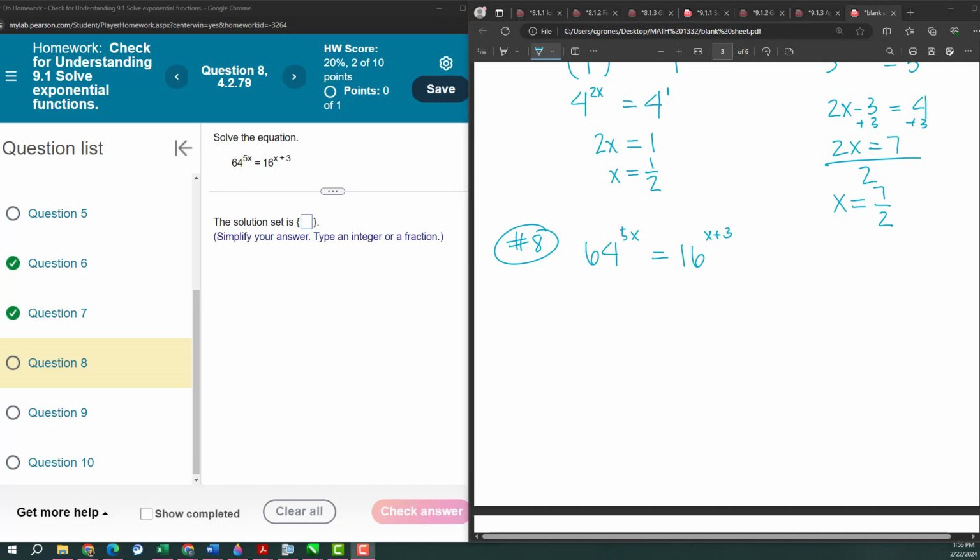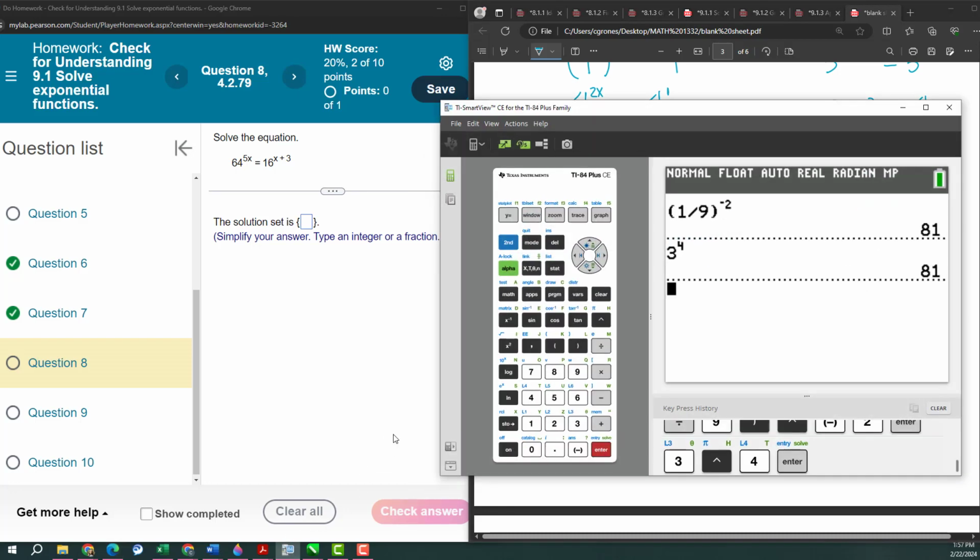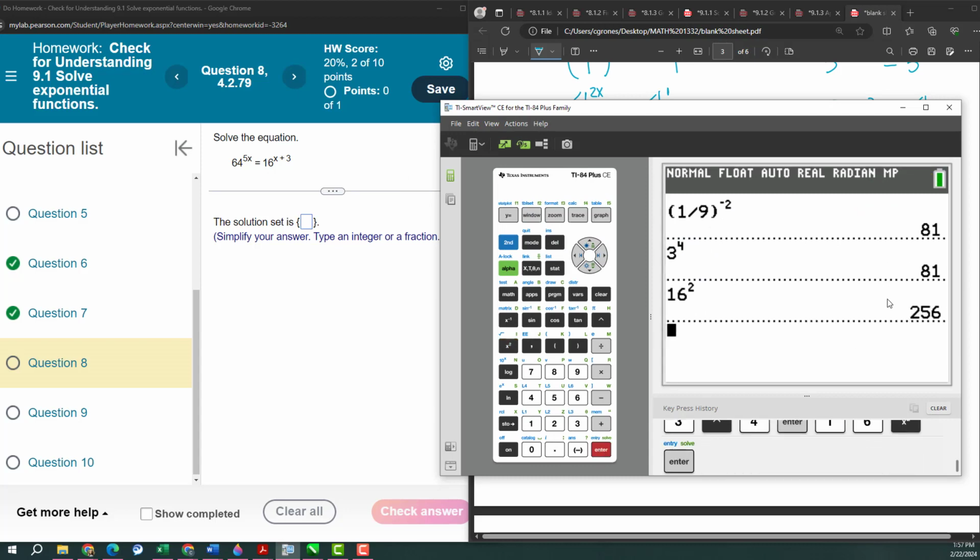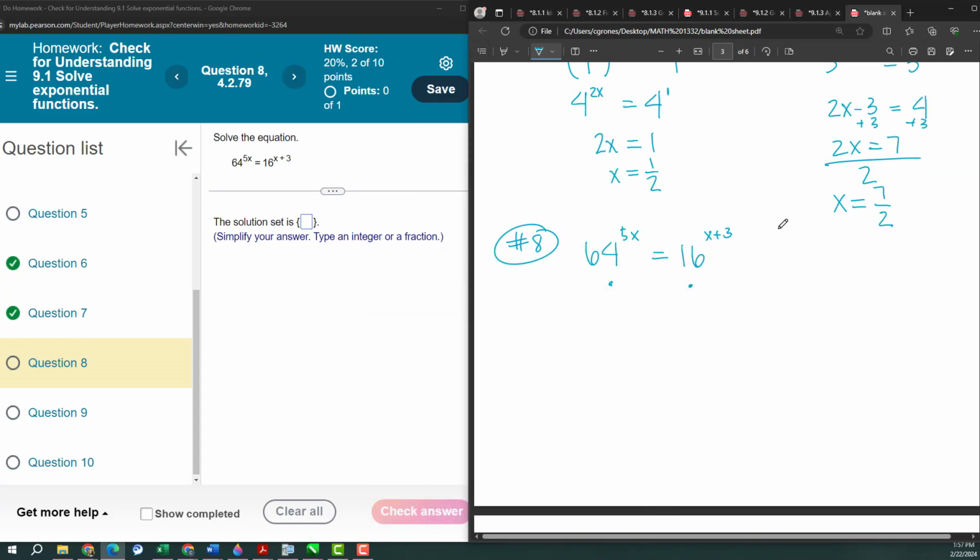So this one does make it a little bit trickier because we are going to have to manipulate both of our bases. So 16 squared does not equal 64. You can put that into your calculator, 16 squared, and it gives us 256. So we know that we're going to have to manipulate both of our bases.